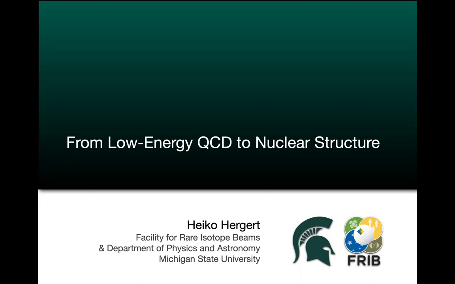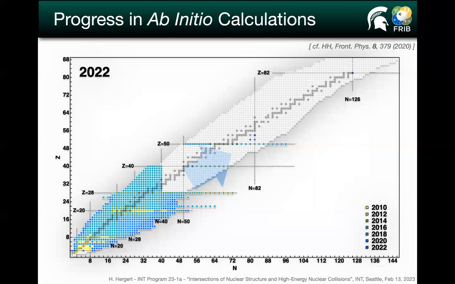Okay, so to start our little walk, I first wanted to show you this slice of propaganda that illustrates the progress that ab initio low energy nuclear structure has made over the past decade plus. You can see here the chart of nuclides. We have managed to extend our methods to the point where we can reach pretty much the whole chart, maybe up to the iron or nickel region.